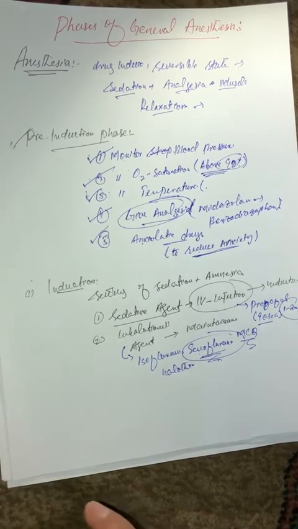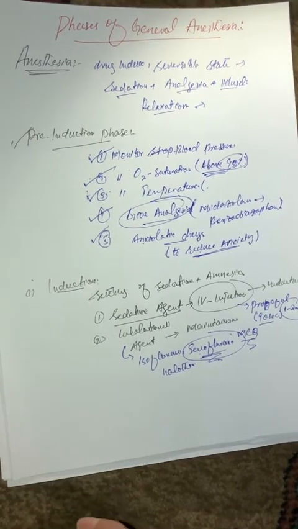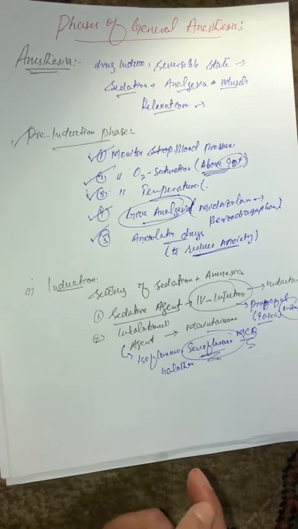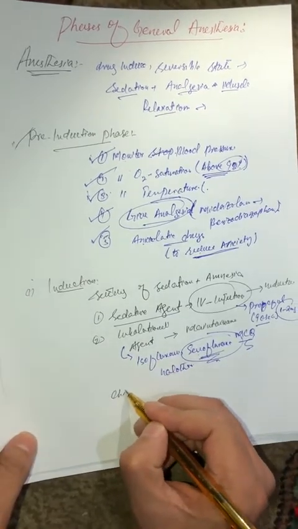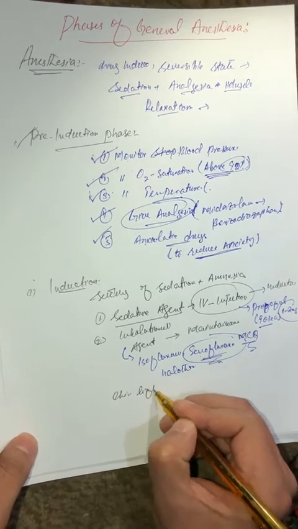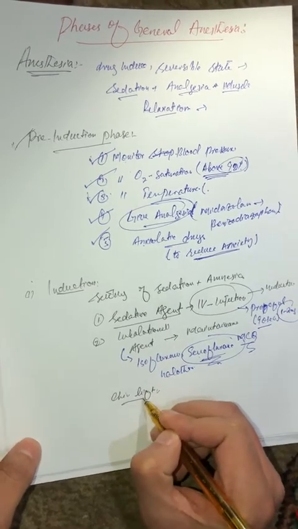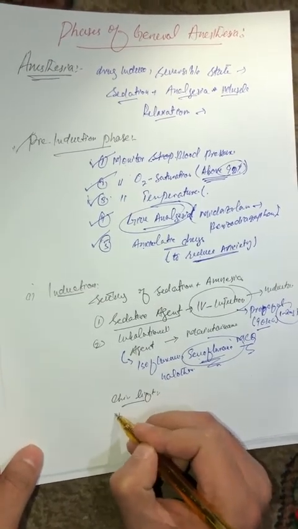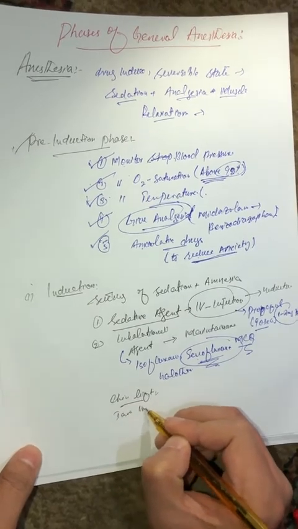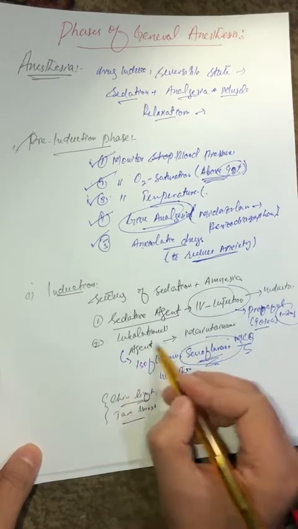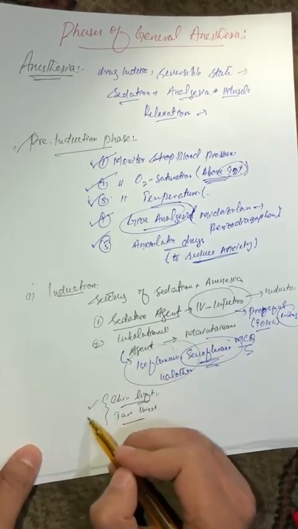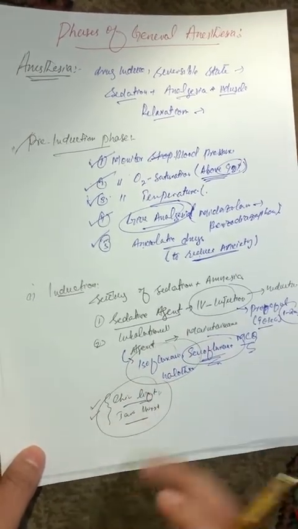We have studied previously the chin lift procedure and the jaw thrust procedure, which have some contraindications. Chin lift is contraindicated in a patient with cervical spine injury, and the jaw thrust procedure is allowed in a patient with cervical spine injury. So after giving the sedation, you will manage the airway by the chin lift and the jaw thrust procedure.